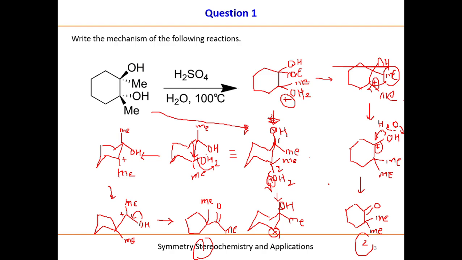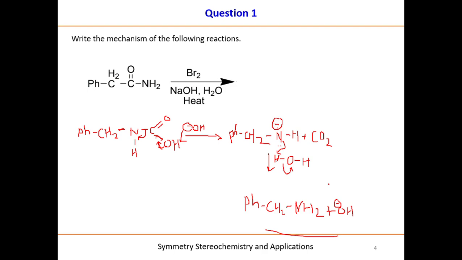Then we have discussed the second question, which is an example of the Hofmann rearrangement reaction. So the Hofmann rearrangement reaction is given here as an example. In the presence of strong base, primary and secondary amides react with chlorine, bromine or any other halogen to form a certain amine with the loss of the carbonyl carbon atom.